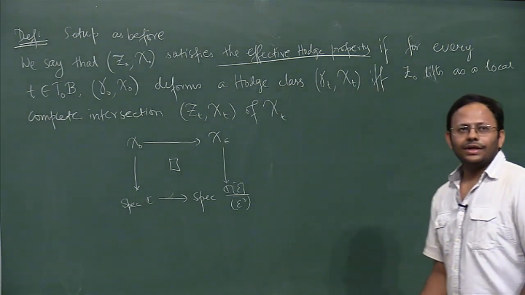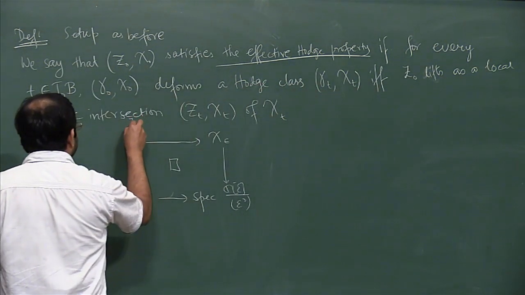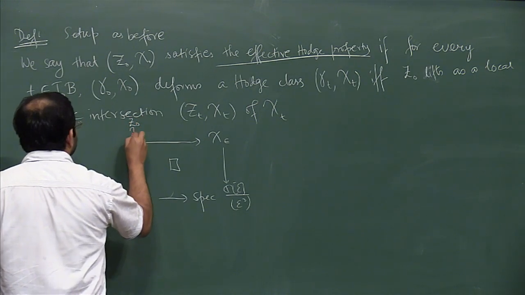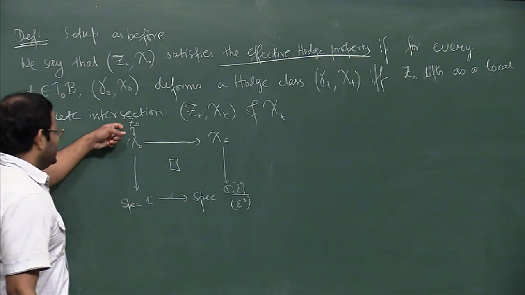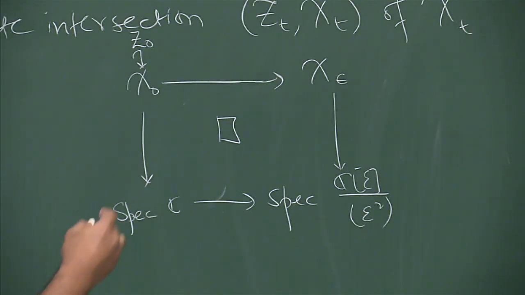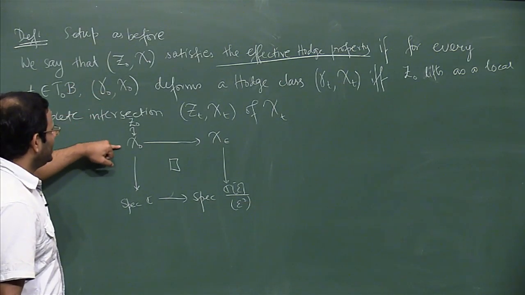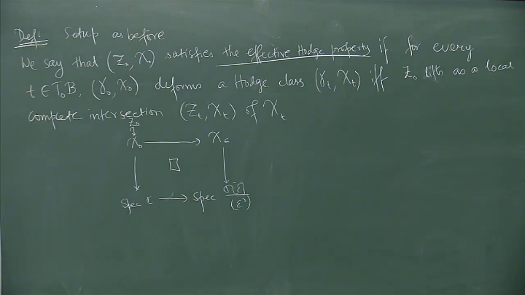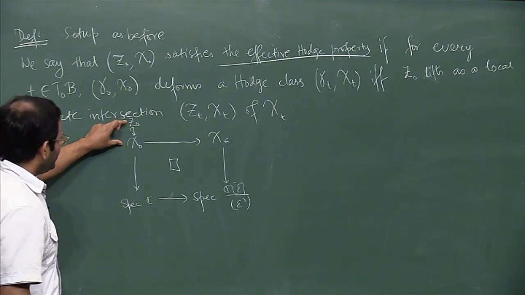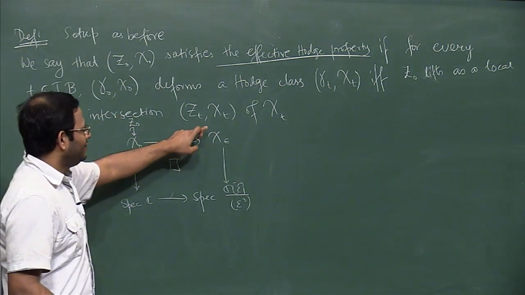Okay. Now I have a local complete intersection in here. Of course, if you take the image in here, that is not going to be a local complete intersection, but what this statement is saying is that this pair has the effective Hodge property if and only if the cohomology class lifts to a Hodge class.